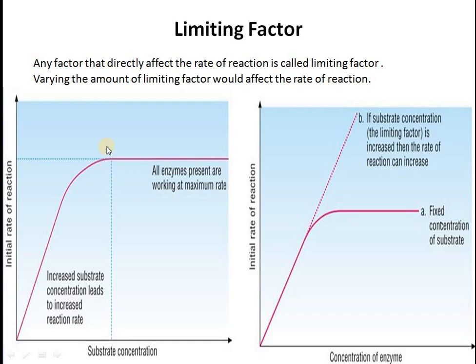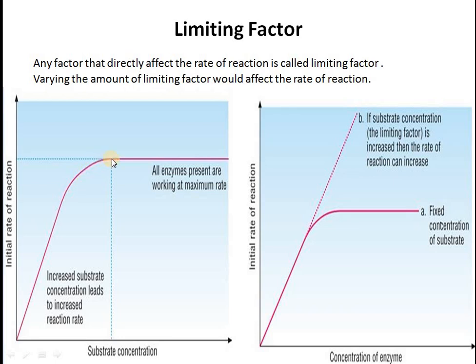The thing in limited quantity is the enzyme. Substrate is present in a lot of quantity, but the quantity of enzyme is limited. So as we increase the concentration of substrate, you see the reaction rate is increasing as well.